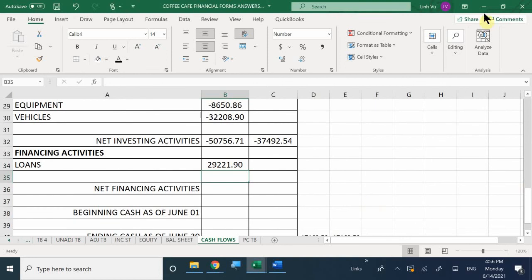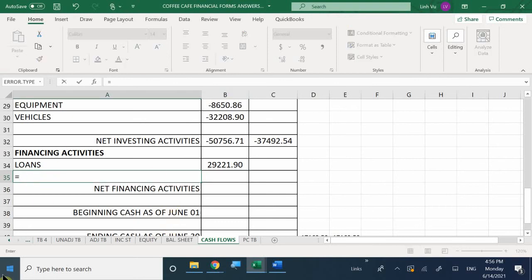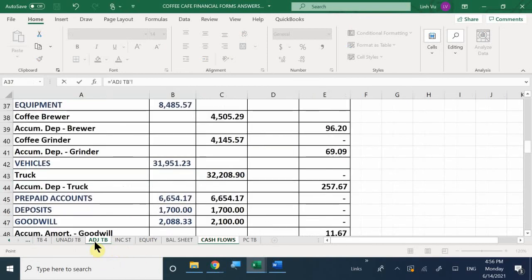There I have it. Original amount of loan. That's money that I got from the bank, so in this case, this is going to increase my cash flow. Last thing that I did here was I also took money away from my company. If I took money away from my company, that's cash I lost.